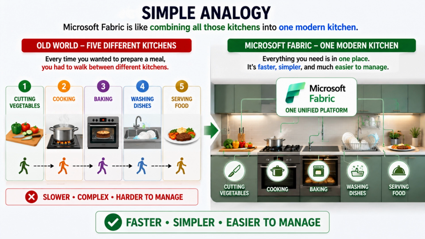So every time you wanted to prepare a meal, you had to walk between different kitchens. That is exactly how traditional data platforms work. Microsoft Fabric is like combining all those kitchens into one modern kitchen. Everything you need is in one place. It is faster, simpler, and much easier to manage.